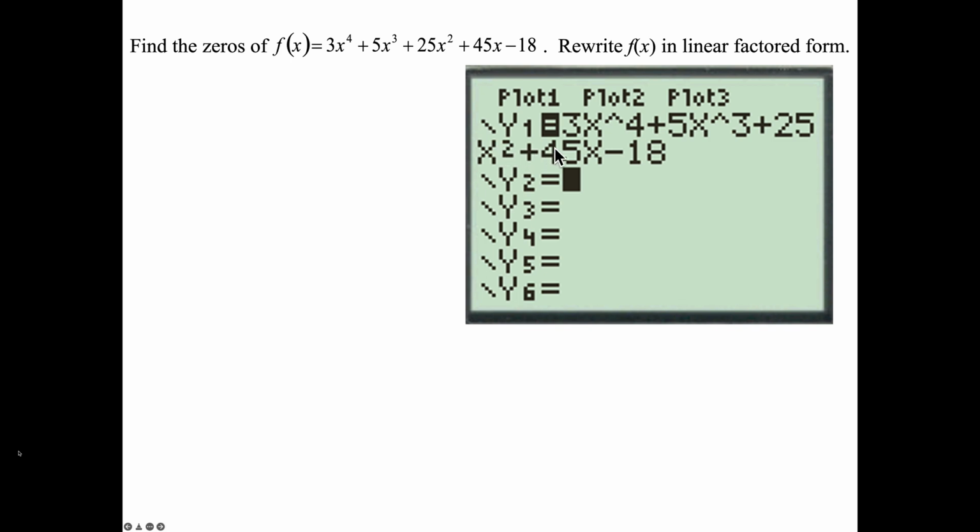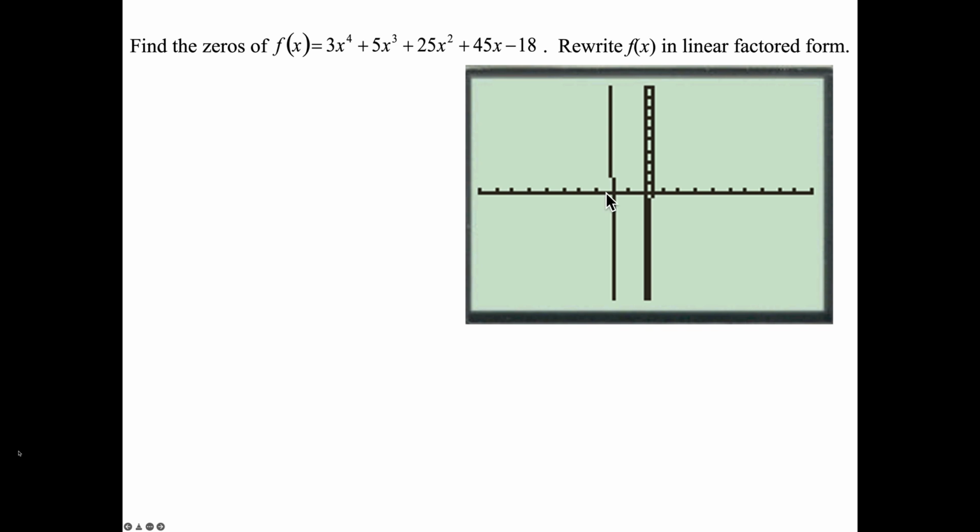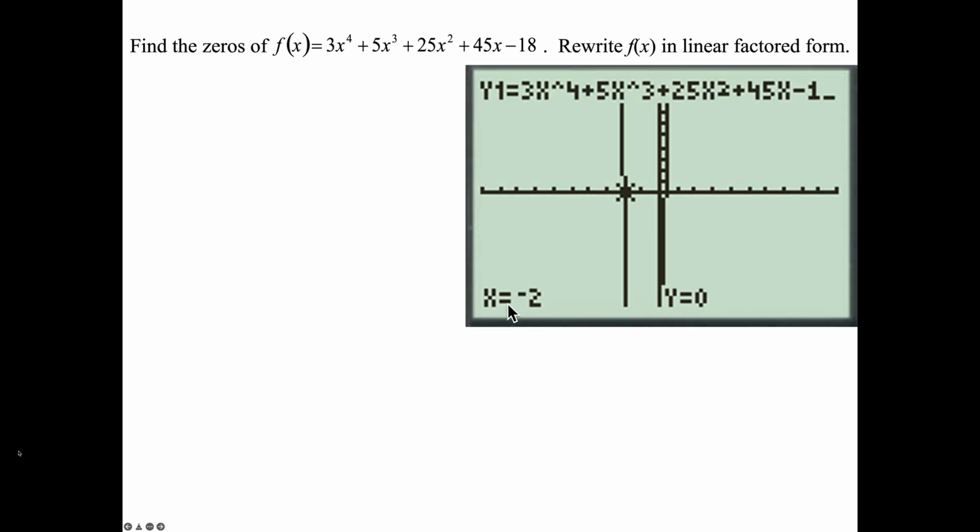All right. Here's my graph. Well, there's 1, there's 2. Okay, 2 are missing. However, stop and think here for a second. This definitely looks like we have an answer at negative 2. I hit the trace button, I type in negative 2, and sure enough, that's one of my zeros.